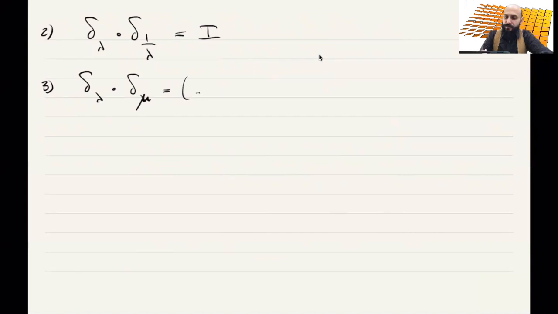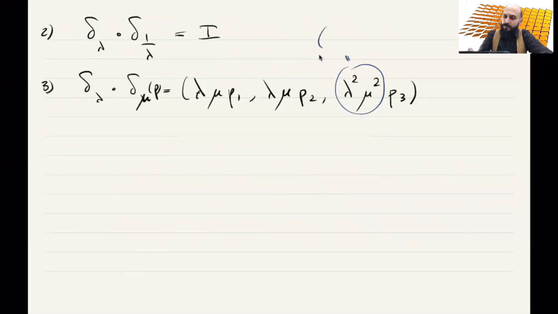The point p goes to lambda mu p1, lambda mu p2, lambda square mu square p3, and of course this is just equal to delta lambda mu.